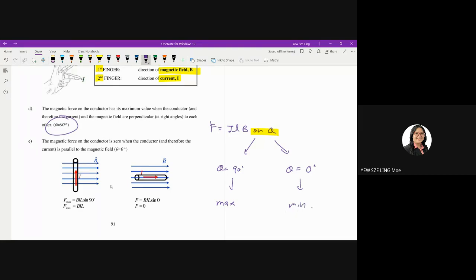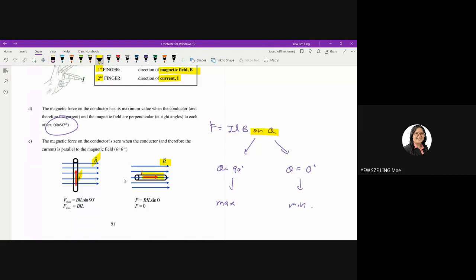So what does it mean by maximum and minimum? You look at the length, your conductor, or the direction of current also can, because the direction of current, we use it to represent the direction of the length. So I and B, if they are perpendicular to each other, you have a maximum force. If they are parallel, moving towards the same direction, then the force acting on it is 0.